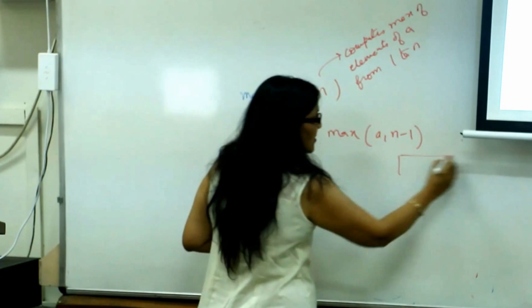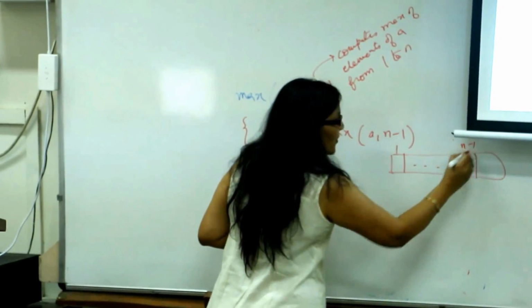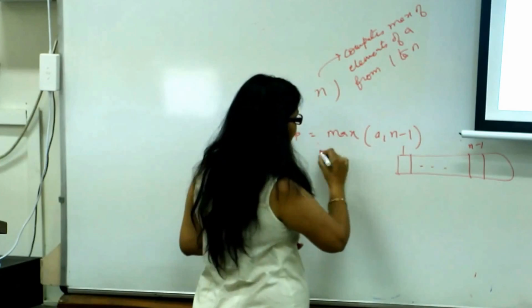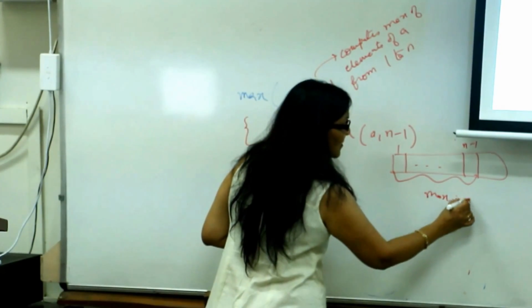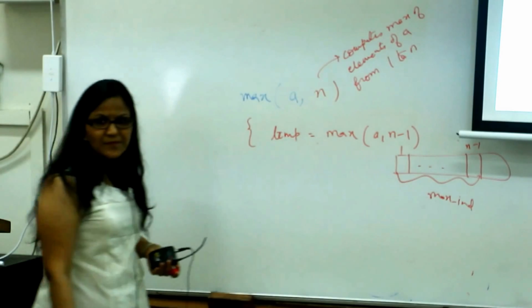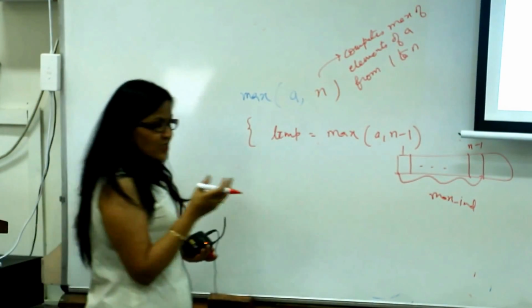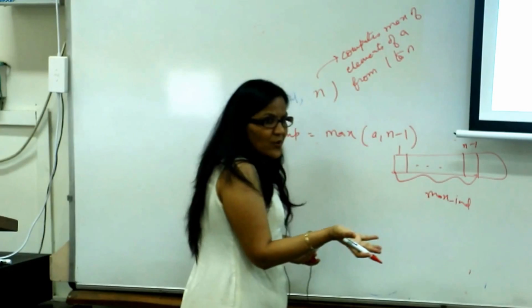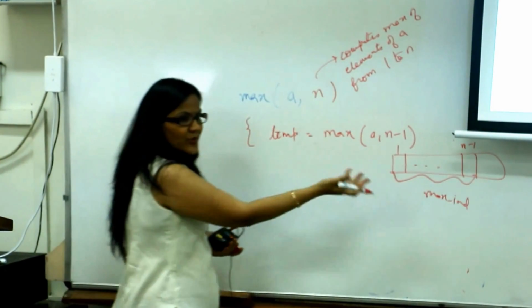Compute the maximum of the numbers from 1 to n minus 1. So this will return me the index of the maximum element in this 1 to n minus 1. That is what was said here: that one does 1 to n, so this does 1 to n minus 1.